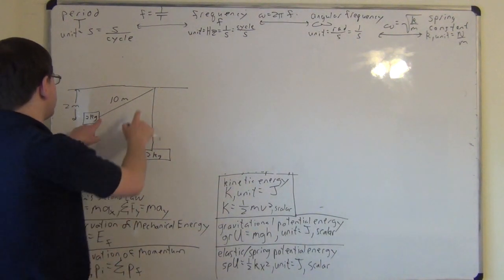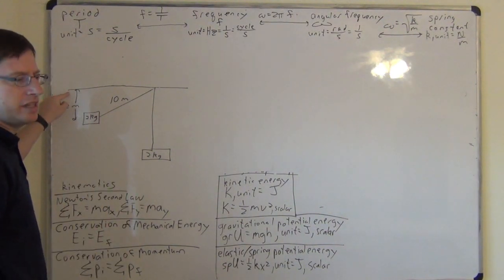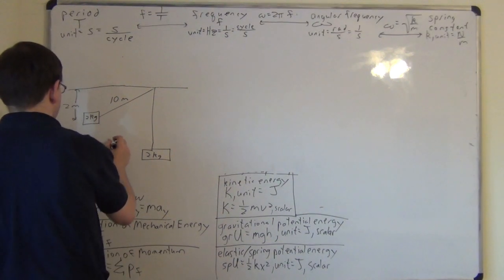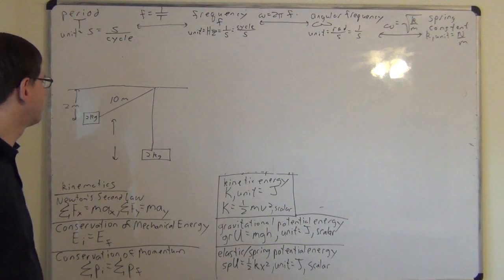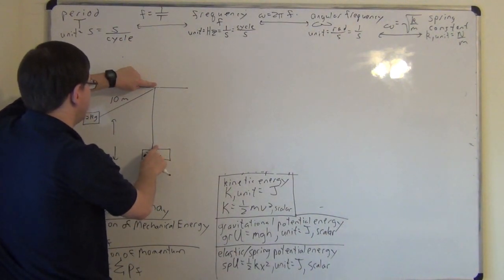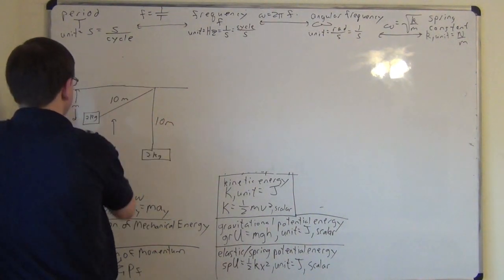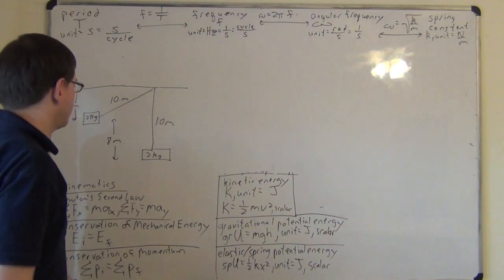By the way, if the string is 10 meters long and we pull it 2 meters from the ceiling, what would this distance be? 8 meters? Good, because what's this distance? 10, because it's still the same string. And this is 2, so that's a little geometry that you might have to do on a pendulum problem.